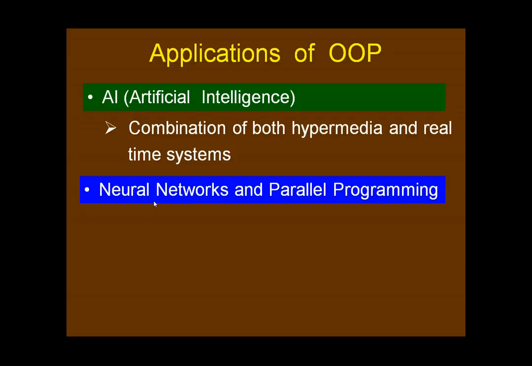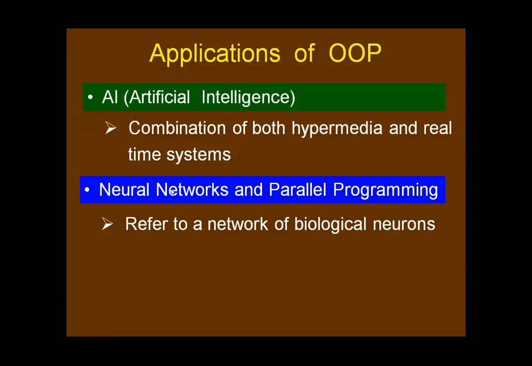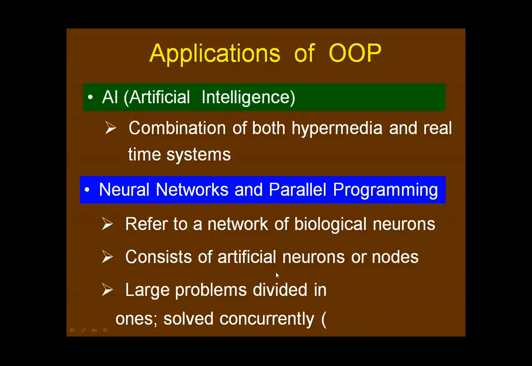And another very important area is neural networks and parallel programming. Neural network refers to a network of biological neurons and it consists of artificial neurons or nodes. In computers, we make use of the term nodes, whereas in biological terminology, we use the word neurons.